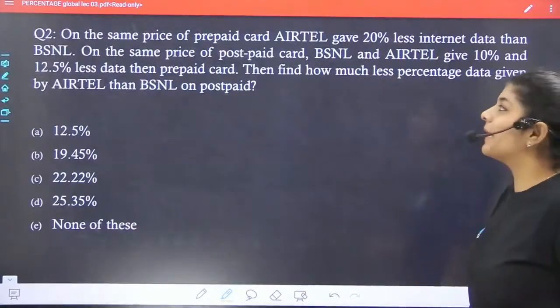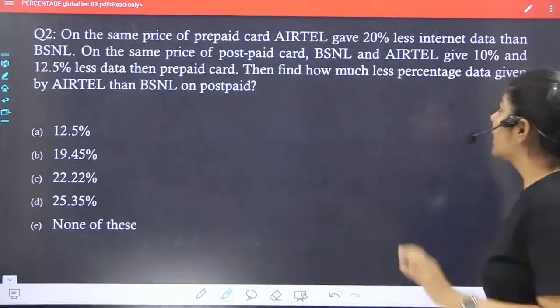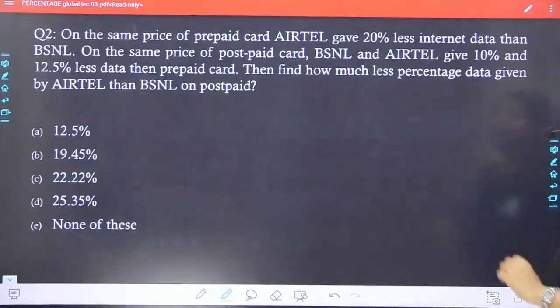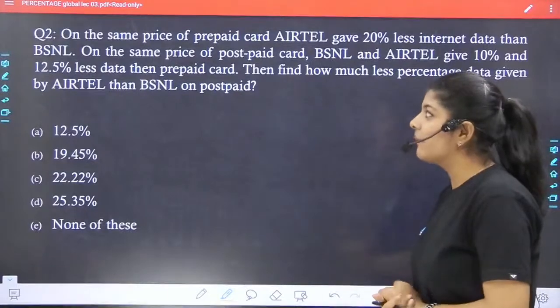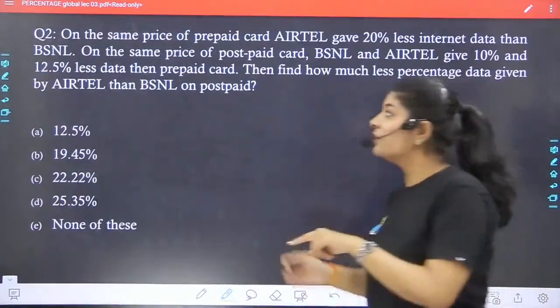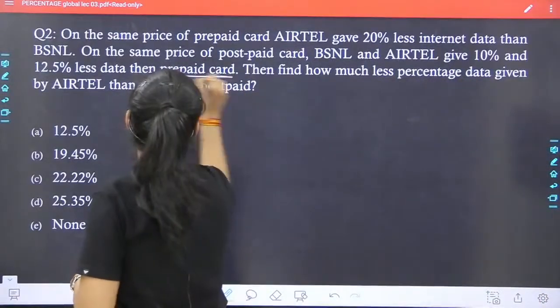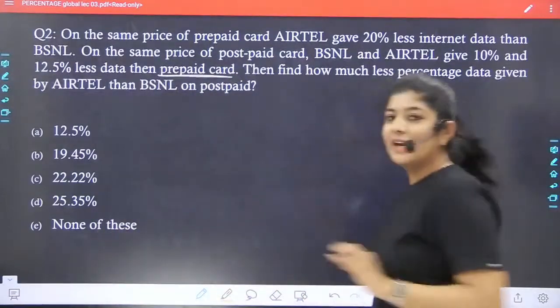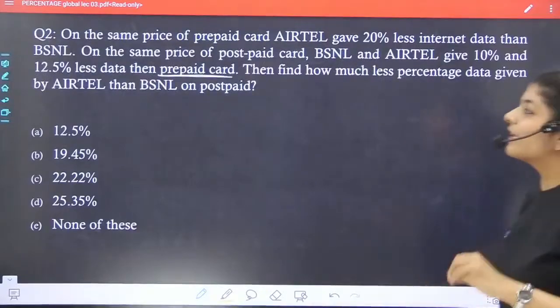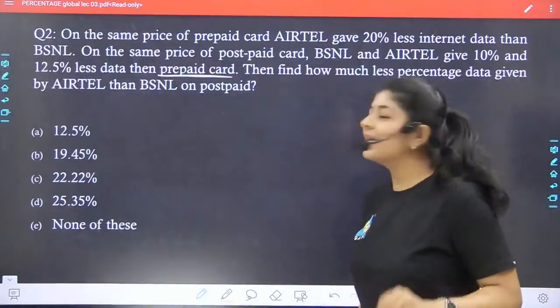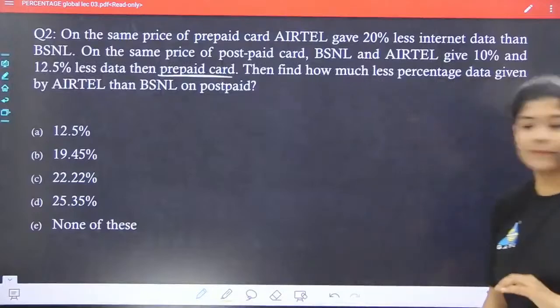On the same price of postpaid card, BSNL and Airtel give 10% and 12.5% less data than prepaid card. Now there is a comparison with prepaid card. Then find out how much percentage less data is given by Airtel than BSNL on postpaid.